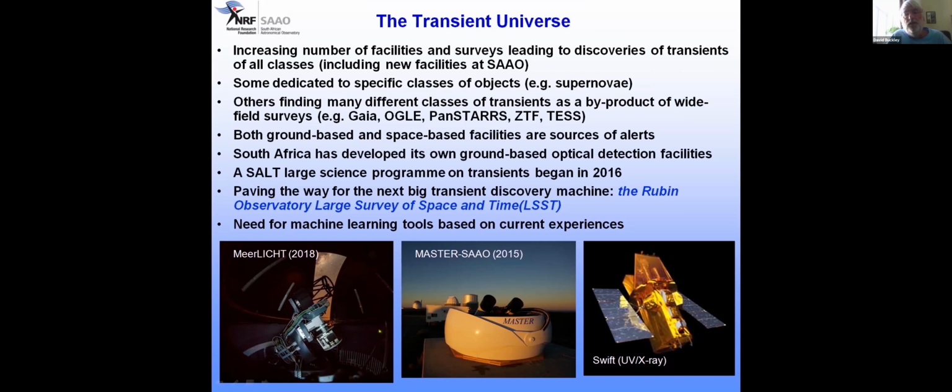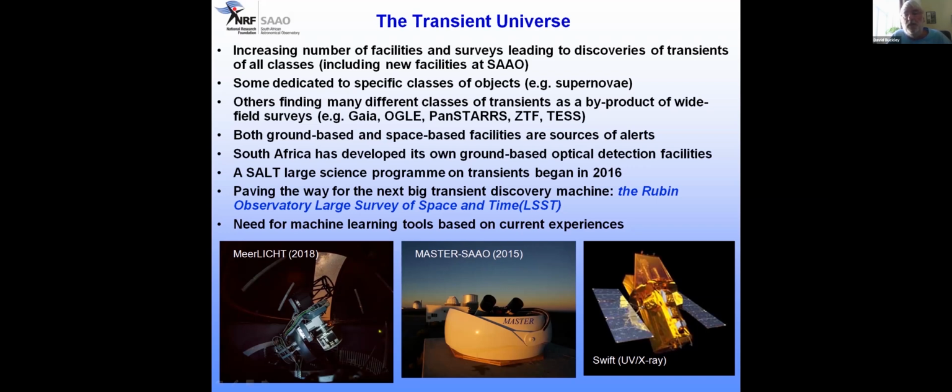So at the moment, with the follow-up that we've been doing with SALT since 2016, and indeed other projects around the world doing follow-up, it's been a manageable exercise, notwithstanding maybe the ZTF, which is a facility that is producing hundreds of thousands of transient alerts.